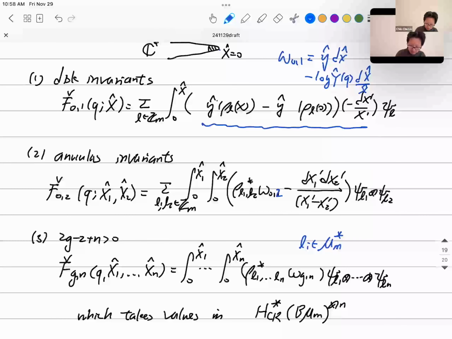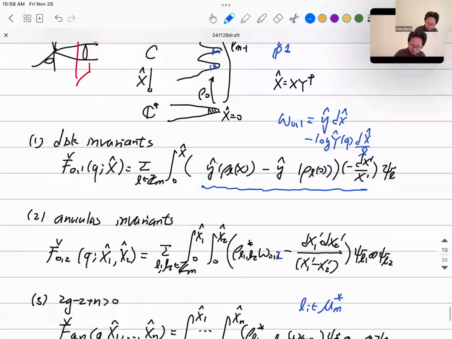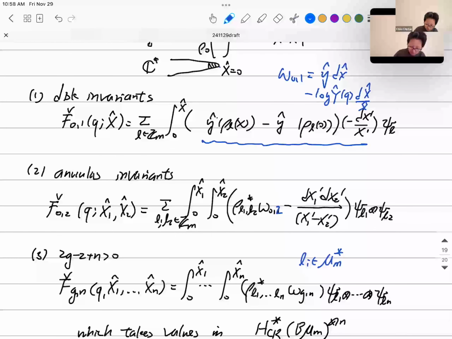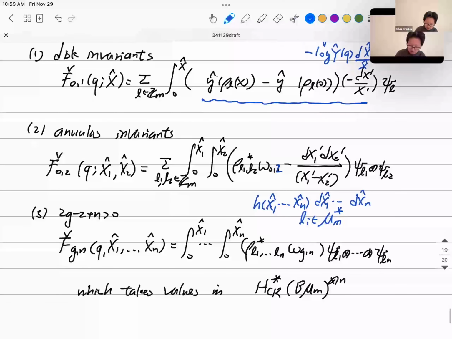After we pull this back, it will look like some holomorphic thing, right? And then you take the antiderivative.